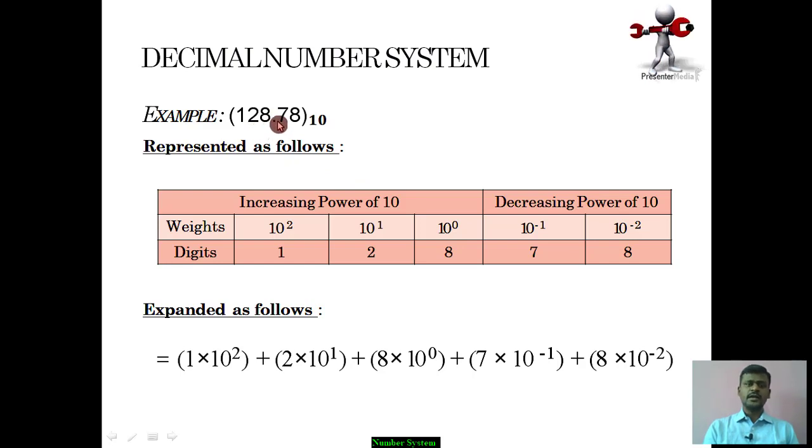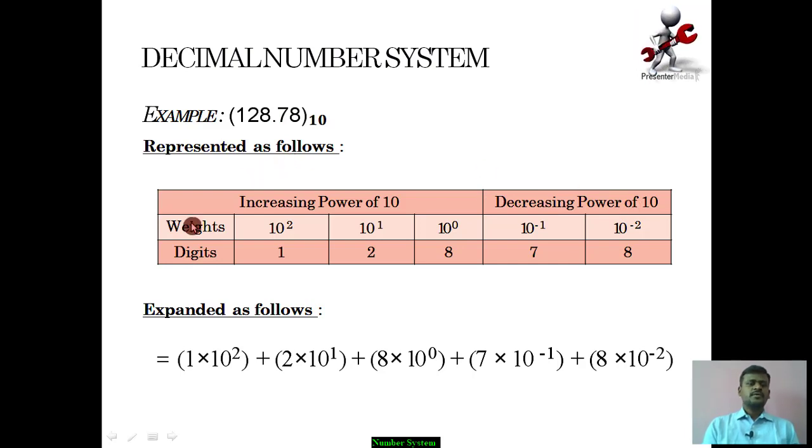This fractional point represents the division between the increasing power and decreasing power. So we will call the digits which are on the left side of the fractional point as increasing power of 10, and on the right side of the fractional point as decreasing power of 10.